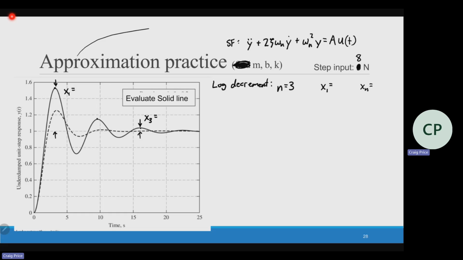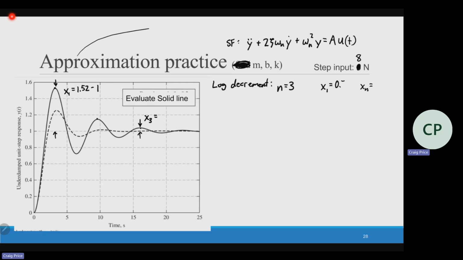Now, the other thing the equation sheet tells you is that this peak is not the absolute value. It's not with respect to 0. It is with respect to the steady state value, which is 1. So x1 should be maybe 1.52 minus 1, which is our steady state.